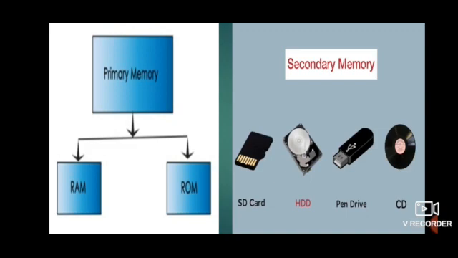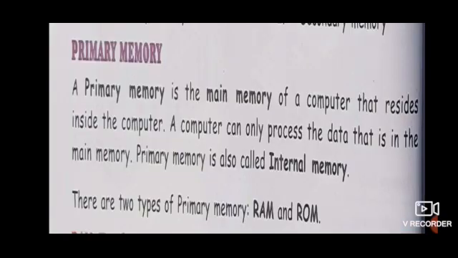Okay, now let's read about them one by one. First, let's start with primary memory. Now, what is primary memory? Primary memory is the main memory of a computer. A computer can process, means work, only on that data which is in the main memory.